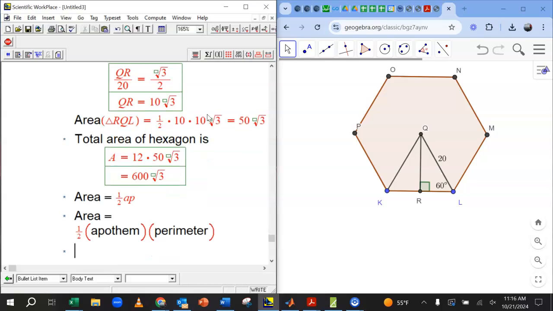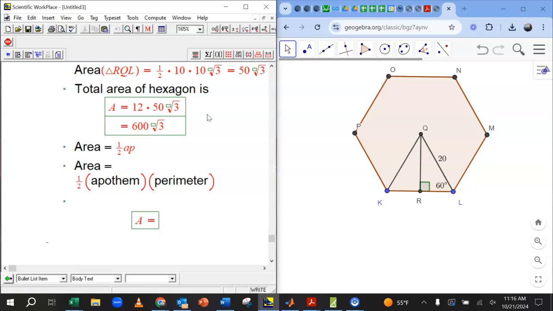Let's just see how that works. If we use that sort of memorized shortcut, then it's 1/2 times that apothem. Remember the apothem was 10 root 3. That was still a crucial calculation. You can't avoid that in this kind of case. And then times the perimeter. Well, what was the perimeter? The side length was 20, and there's 6 sides.